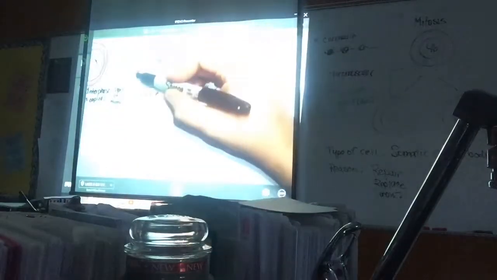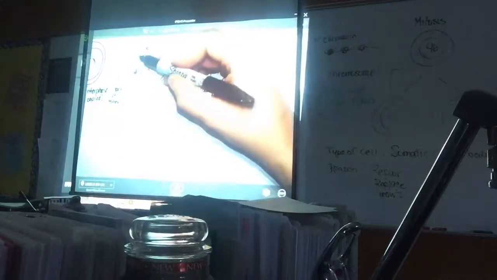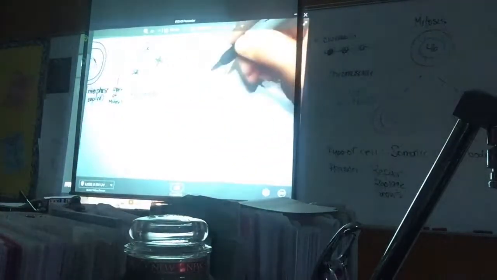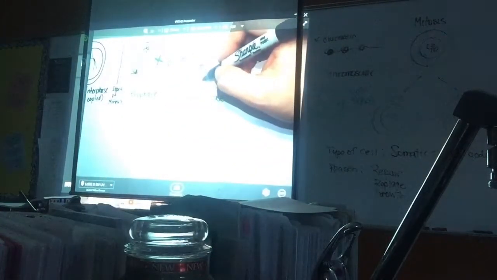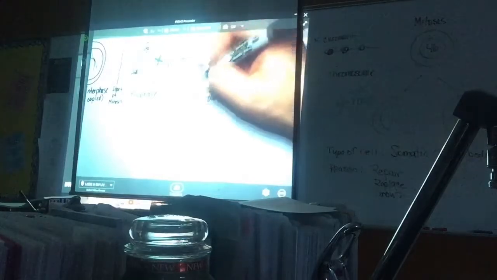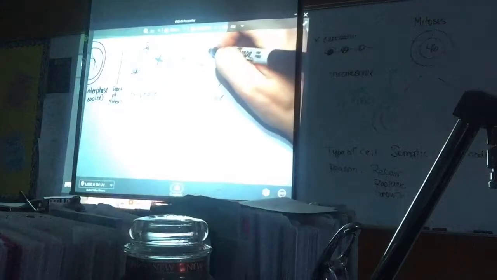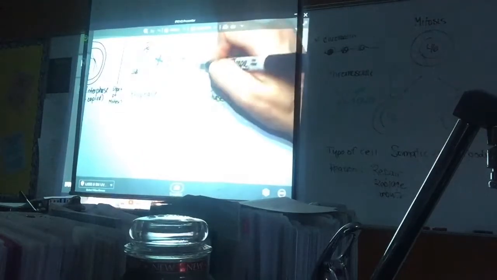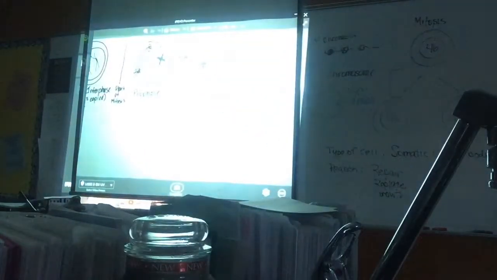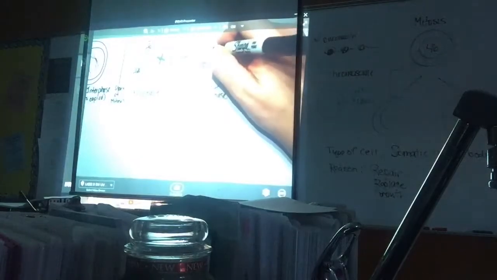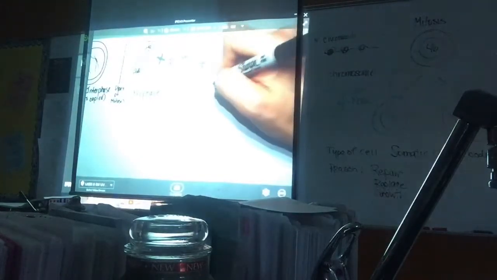Coming out of the centrosomes here are those microtubules. Some microtubules actually attach to the chromosomes. I'm going to draw one right here to this chromosome, and another one from this side to this. So each chromosome has two microtubules attaching to it, one from both sides.